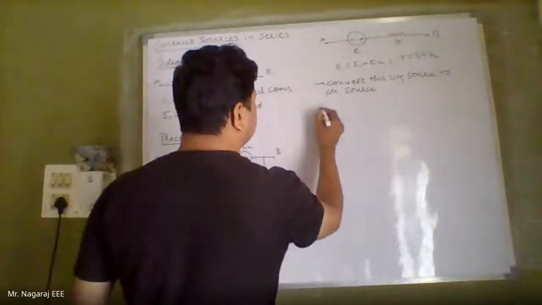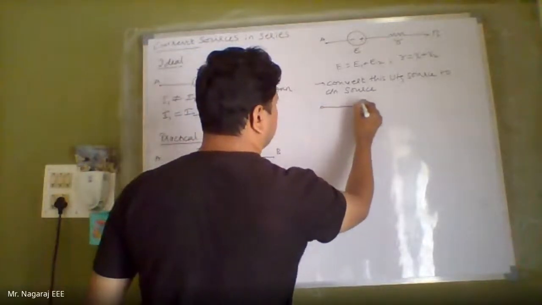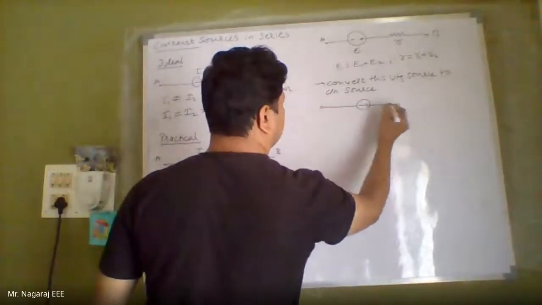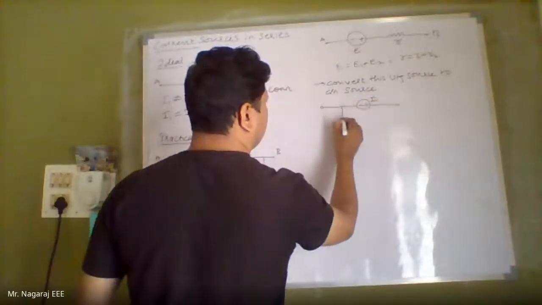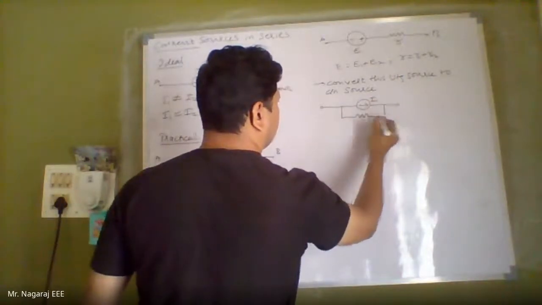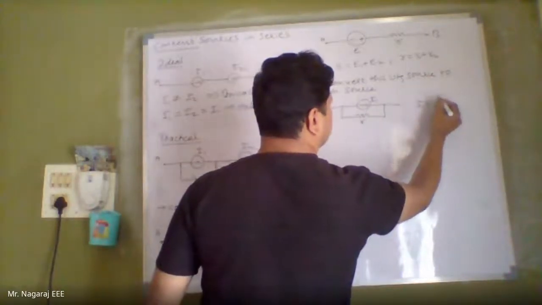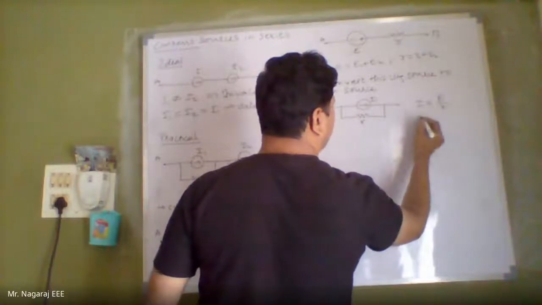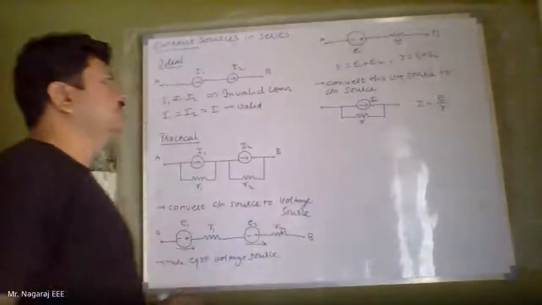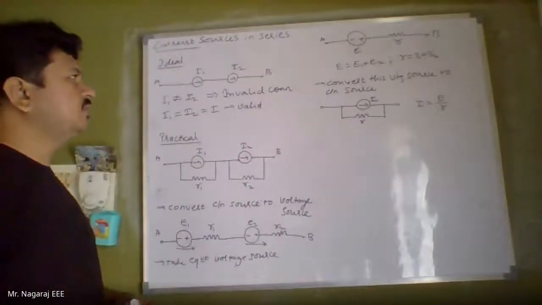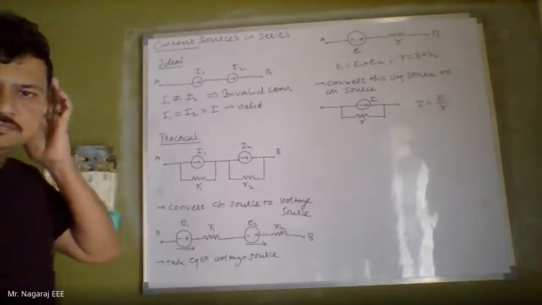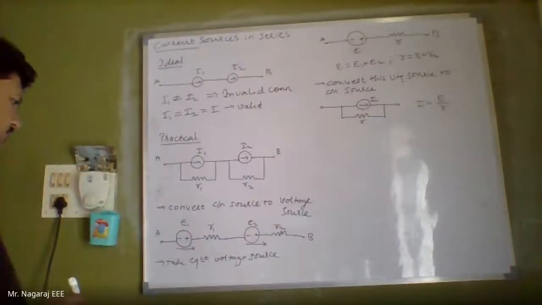So what I get is I, this is R. So what is I? I is E divided by R. Okay. Where E is E1 plus E2 and R is R1 plus R2. Okay.